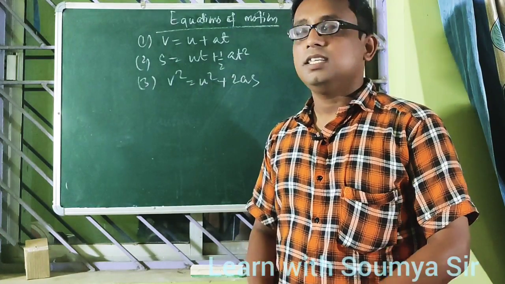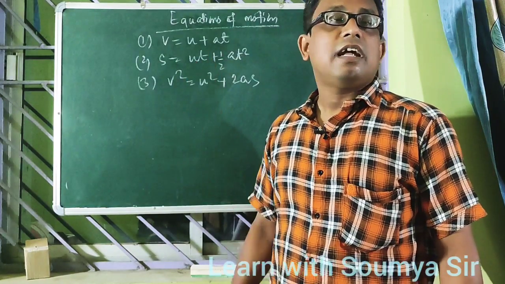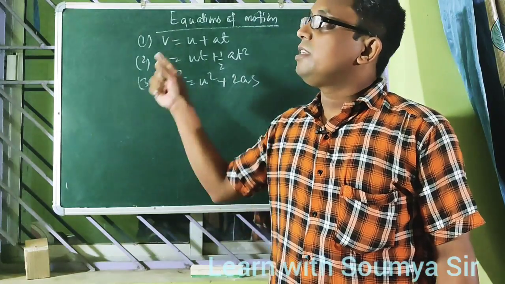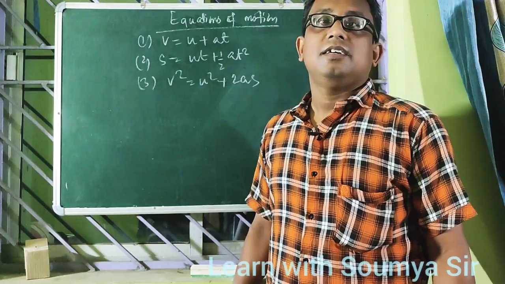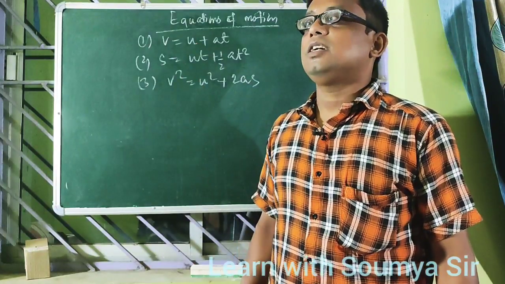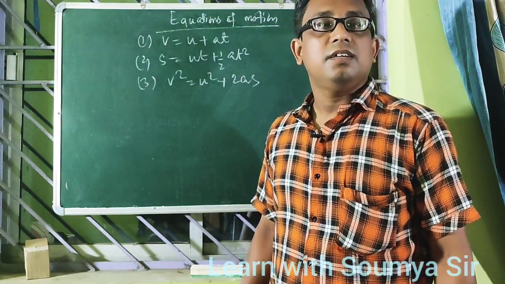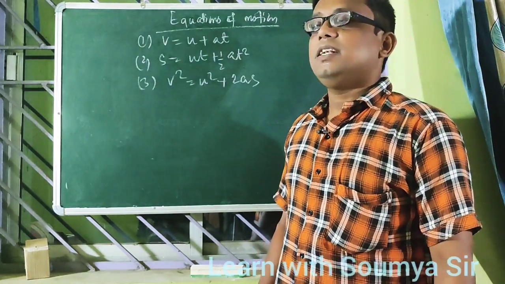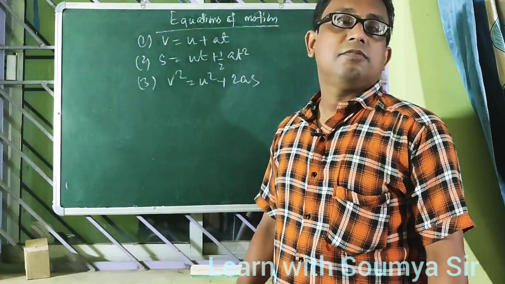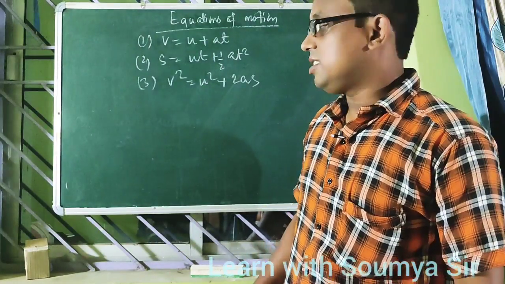In CBSE you will have one method, the graphical method, by which we will find these three equations so that we can solve different numerical problems. So how can we find these three equations by the graphical method? Let us see.